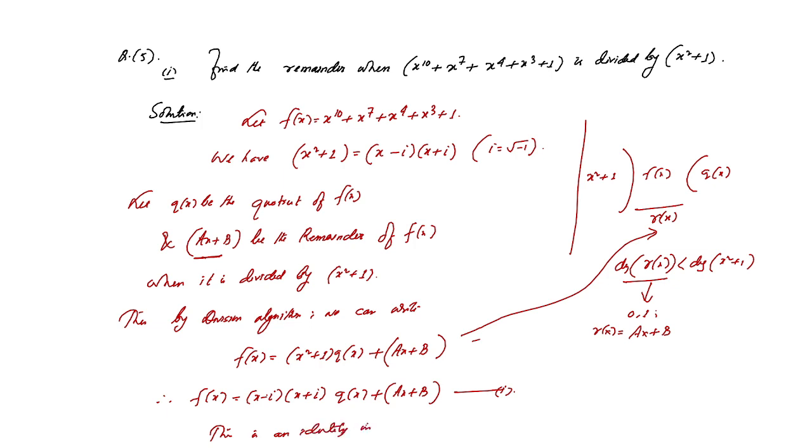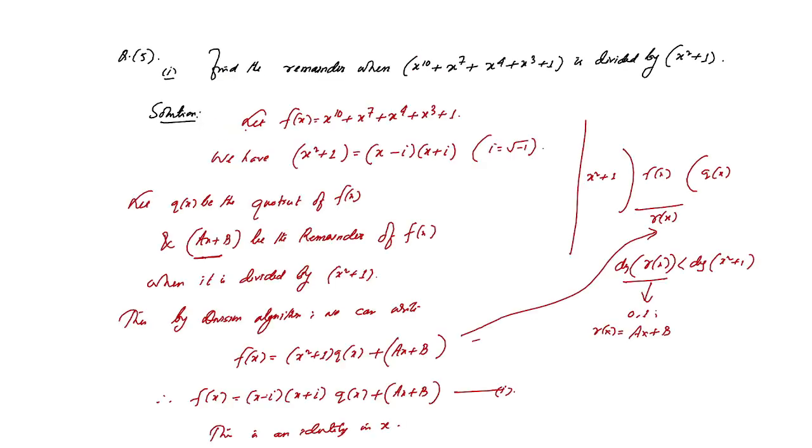So we'll put i on both sides and minus i on both sides. So put x equals to i and minus i on both sides of 1.